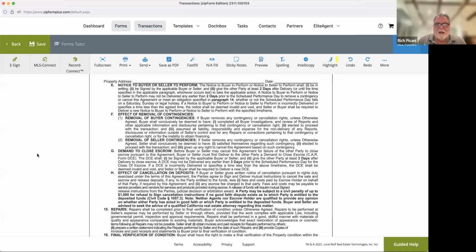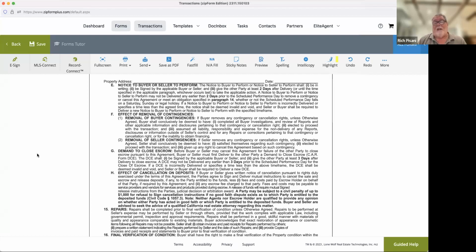deposited funds. Neither agents nor escrow holder are qualified to provide any opinion on whether either party has acted in good faith or which party is entitled to deposited funds. Buyer and seller are advised to seek the advice of a qualified real estate attorney.